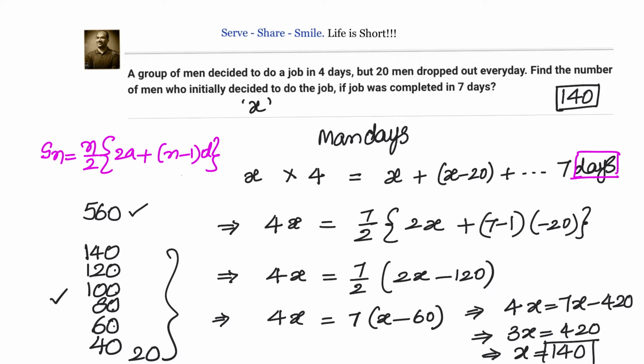The same work is completed in the second scenario, in which we started with x, but every day 20 men dropped out. So we use the arithmetic progression concept, sum of n terms here. Our a is x, d is minus 20 and n equals 7. Substituting in the sum of n terms formula and simplifying, we get x equals 140.